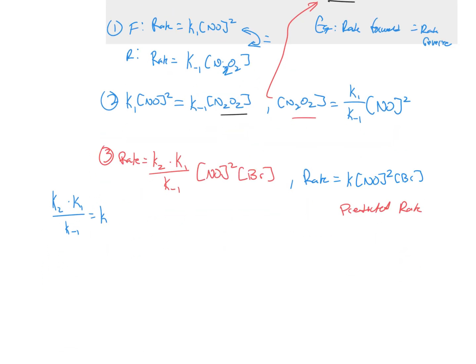And so this is called the steady state approximation. You use this when the first step is fast, and the second step is slow. Otherwise, you'll use what we saw in 5.8.